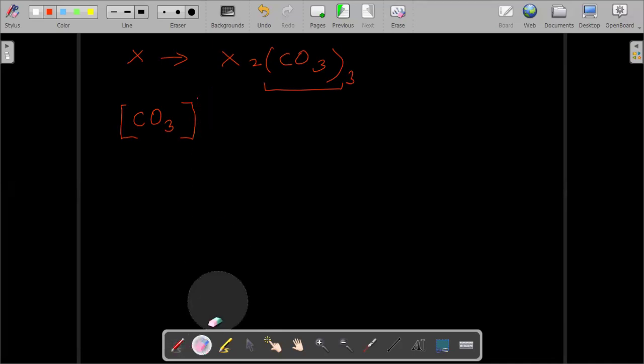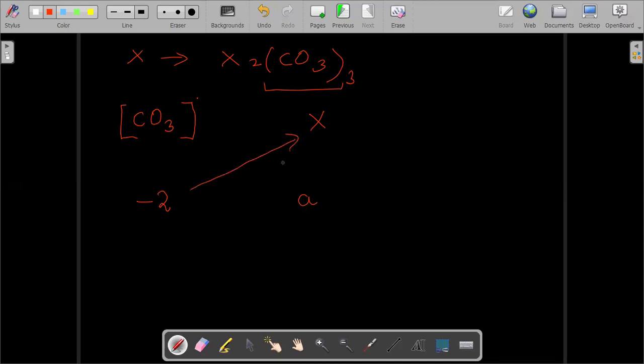We don't know the valency of X. So we write carbonate, its valency is -2, and here we write X, whose valency we do not know. Let its valency be A. We cross multiply to obtain the formula.